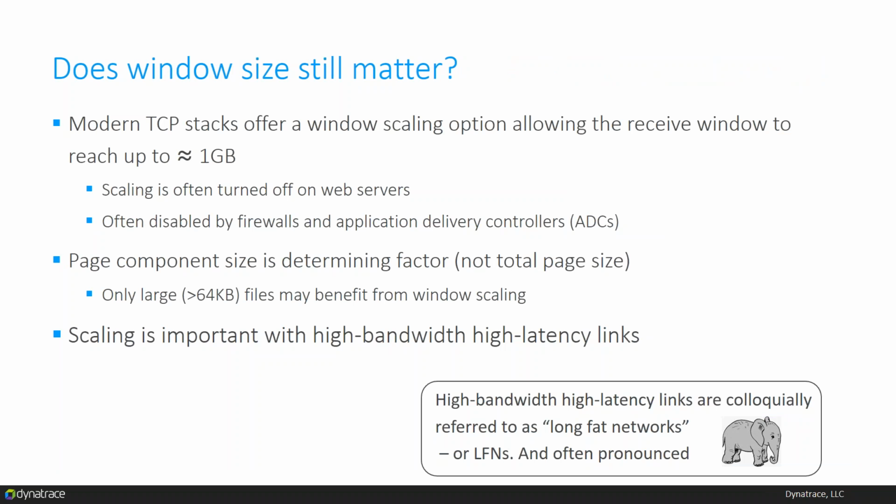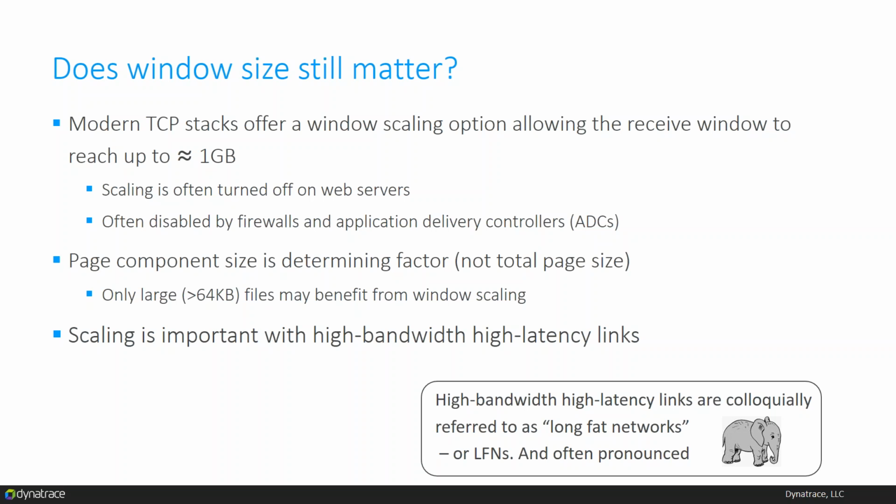So the question today is often asked, does window size still matter, right? We have window scaling. Virtually all modern TCP stacks support window scaling. Why do we worry about it anymore? And the answer is, especially in a corporate network, there are lots of things that will prevent window scaling. Often the servers themselves will disable window scaling to conserve resources.